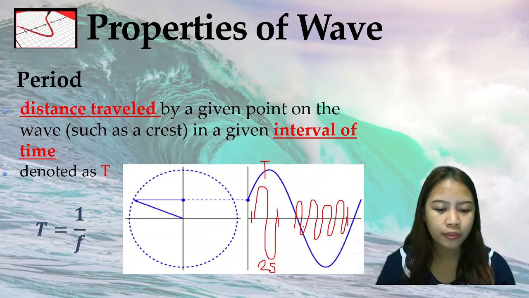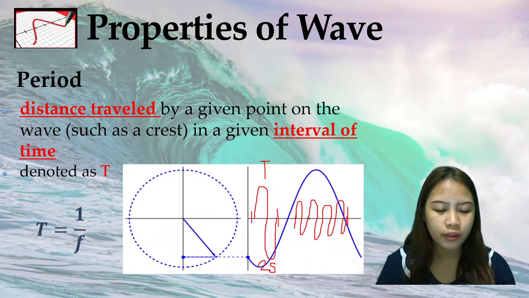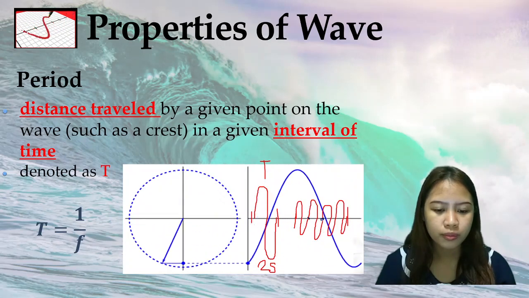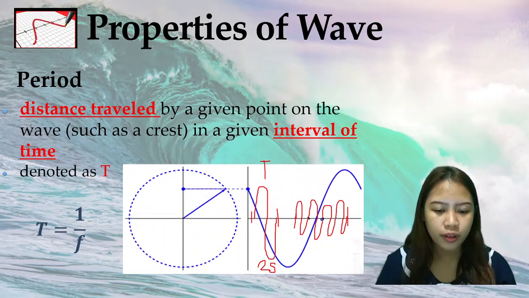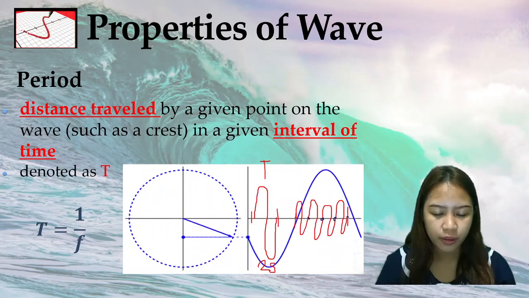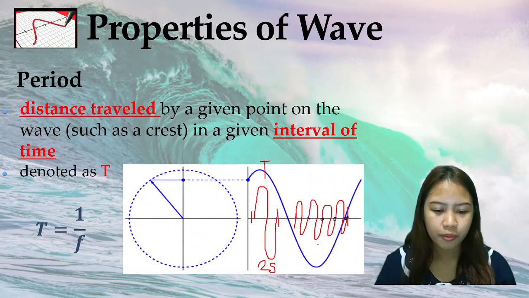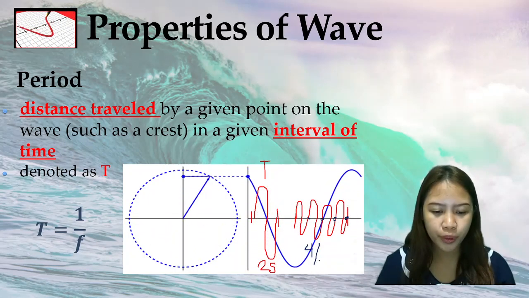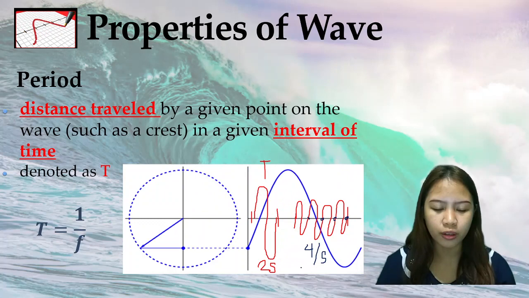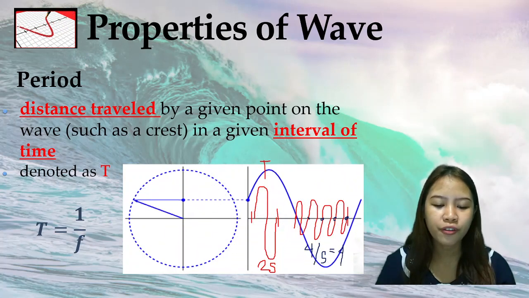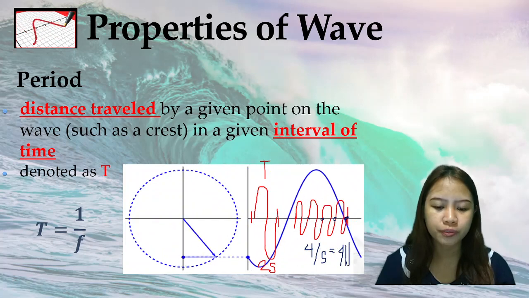From here, 1, 2, 3, 4. So, meaning, there are 4 waves per second. Or also, we can say that this is 4 hertz.